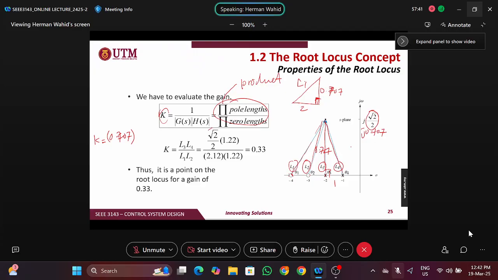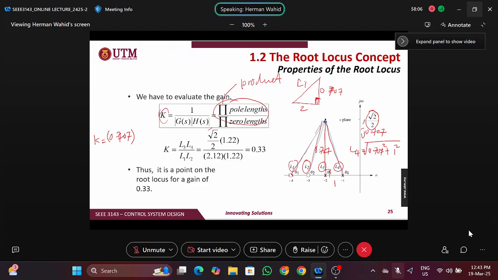So L4 is the square root of 0.707 squared plus 1 squared. Use the trigonometry properties. Then we got the L4.